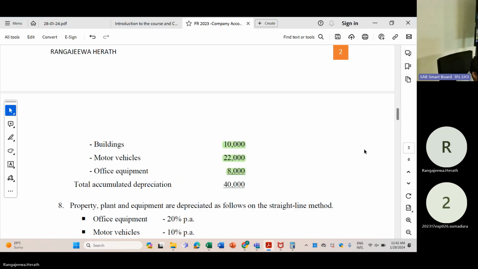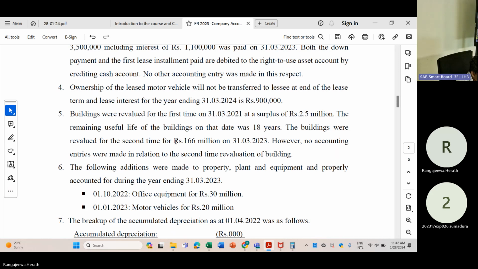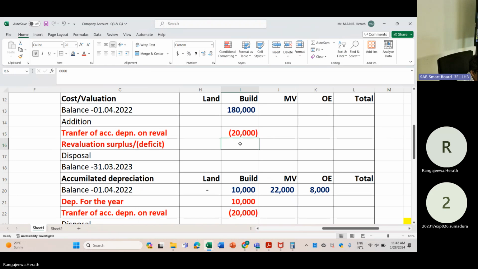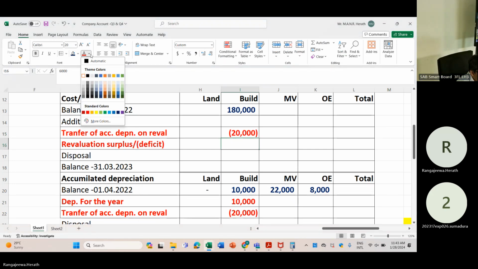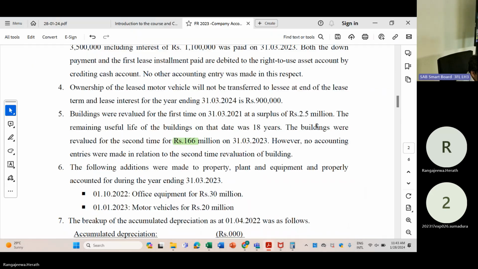Now we have revalued this for 166. We are told the building was revalued this year at 166,000. So 160,000 revalued to 166,000 gives a 6,000 revaluation surplus. It's a building. First time revaluation, we had a surplus.